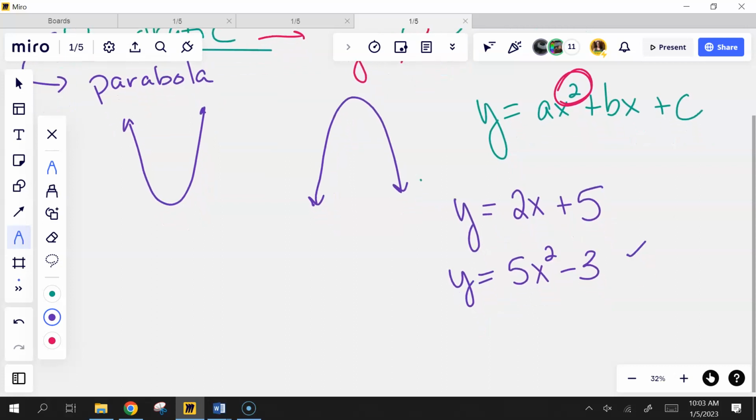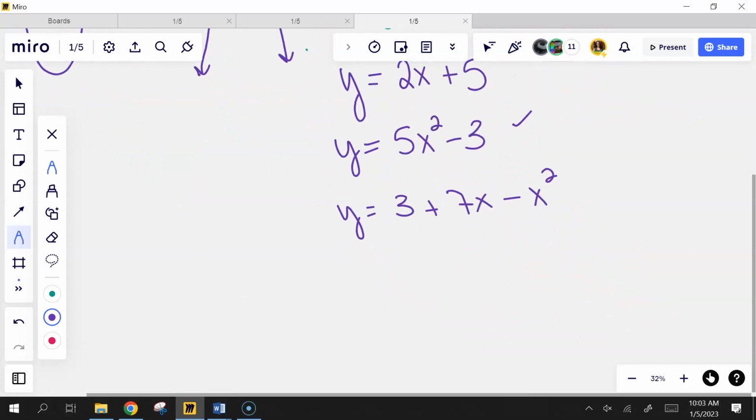Yes, that is quadratic. Next, quadratic or no? Yes, even though it's written in a different order, that's okay. When we're in standard form, we're writing from the biggest exponent down, but it doesn't have to be in standard form to still be a quadratic. Because of this exponent of 2, it's yes.